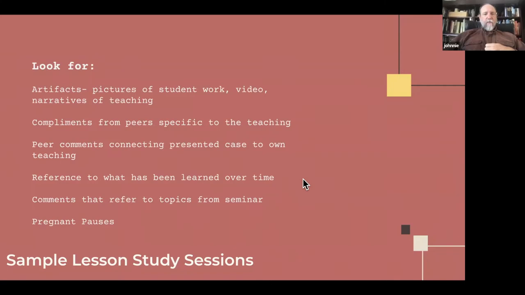And lastly, look for artifacts: pictures of student work, video, narratives of teaching, compliments from peers specific to the teaching, peer comments connecting the presented case to their own teaching, reference to what has been learned over time, comments that refer to topics from seminar, and pregnant pauses.